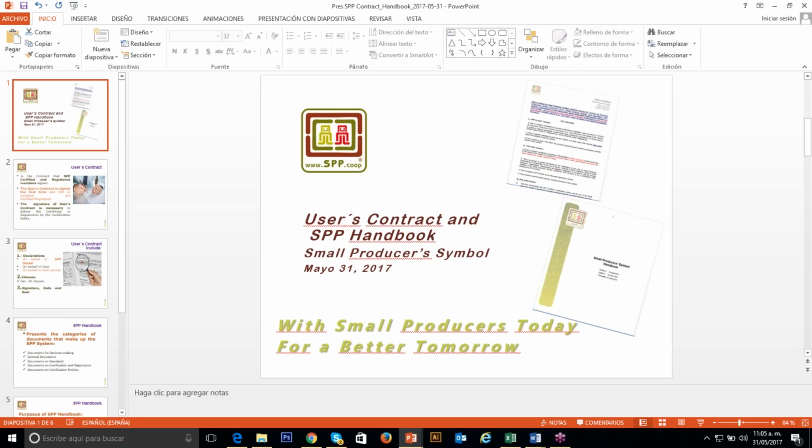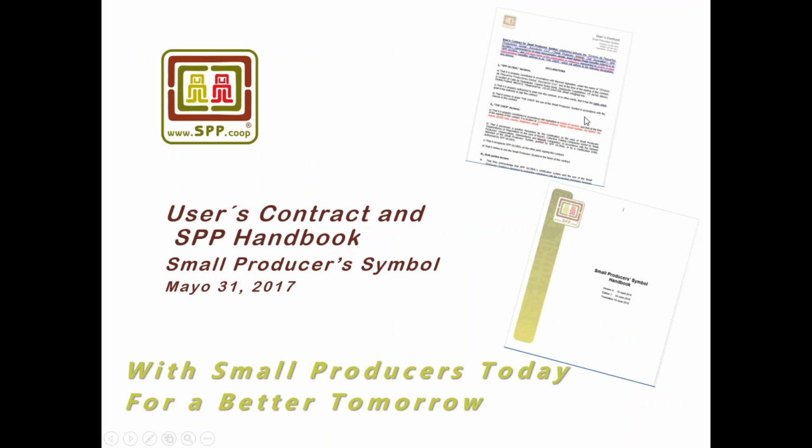Well, this is just a summary of these two documents, the user's contract and the small producer symbol handbook. And here you can see a picture of the user's contract and the small producer symbol handbook.